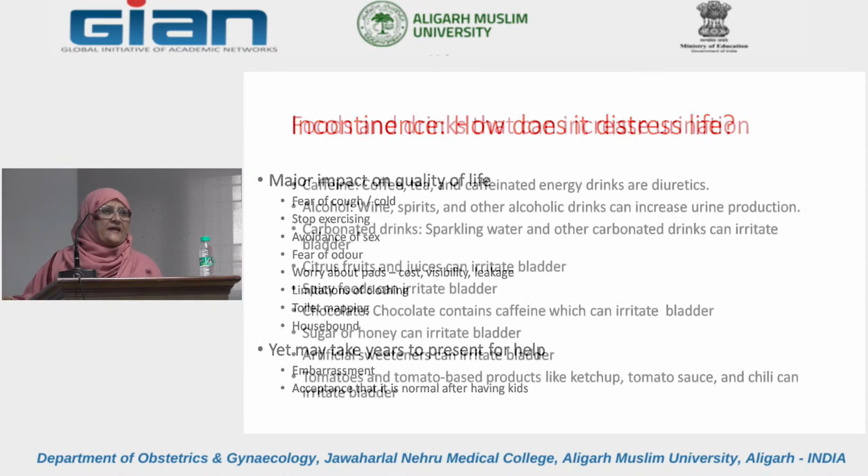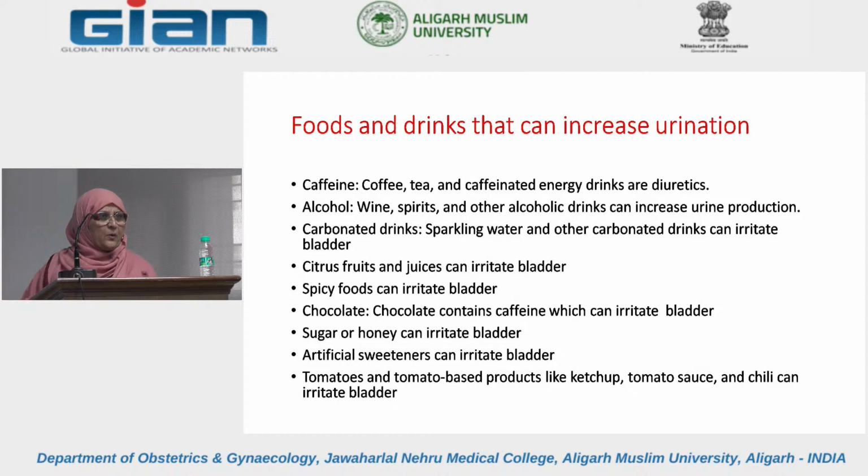So while taking the history of increased frequency and urgency, you should also be asking what type of food she is consuming. The foods known to cause increased frequency are caffeine, of course coffee and tea, we all experience how many times we go to the toilet after drinking, and alcohol.